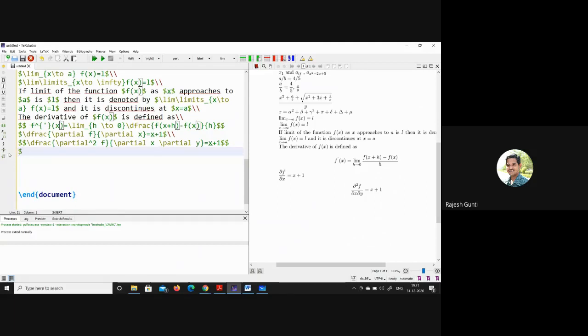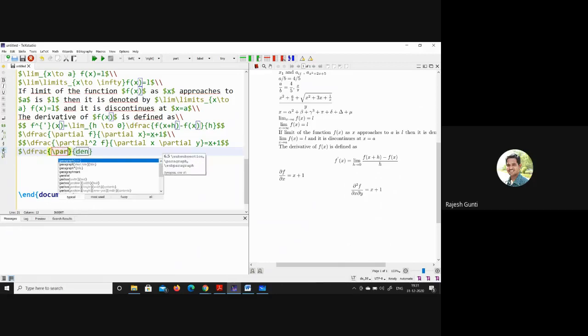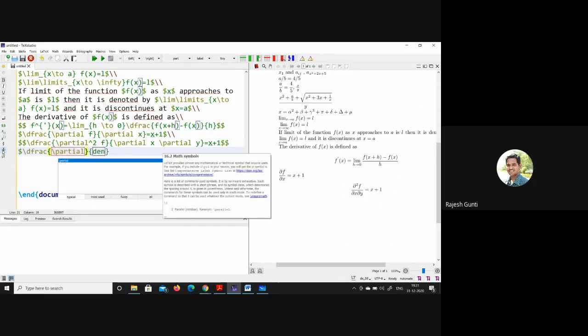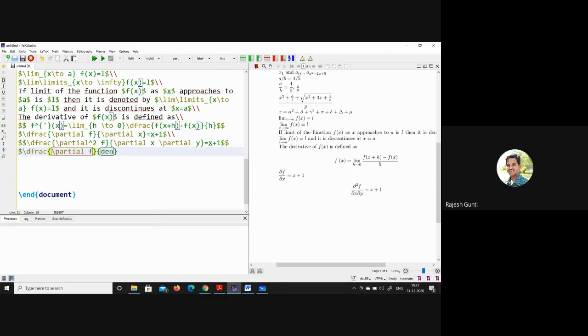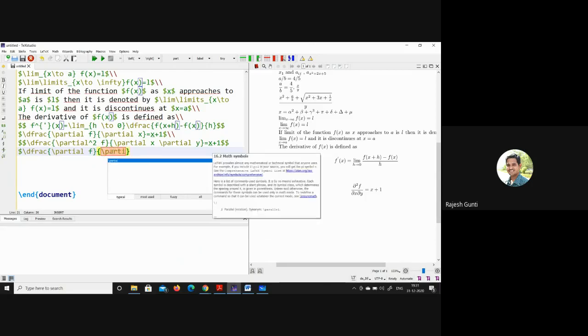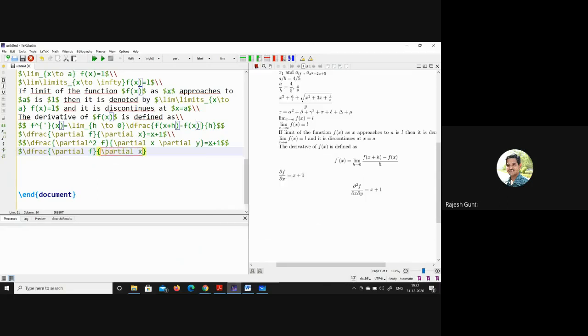First we will take dfrac, numerator dou f. Partial f. Dou f by dou x. Partial x. This is how I got dou f by dou x.